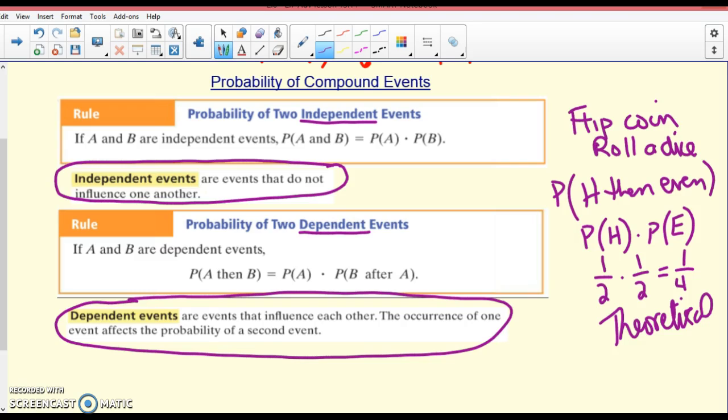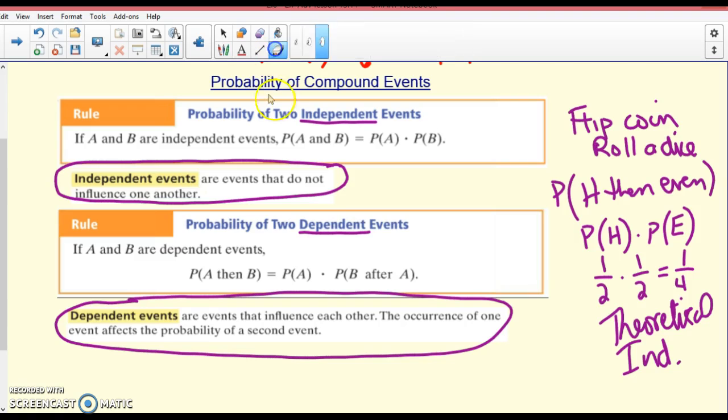Do you think flipping a coin and rolling a dice are independent, one does not affect the other, or dependent, one does affect the other? What do you think? Yes, they are independent. So that example of getting heads on a coin and an even on a dice is an example of theoretical and independent compound probability. On Friday, we only did simple probabilities, so there was nothing to affect. It was just one event.